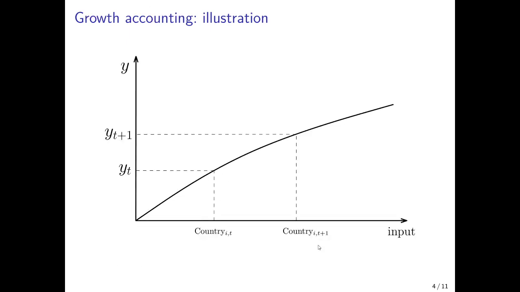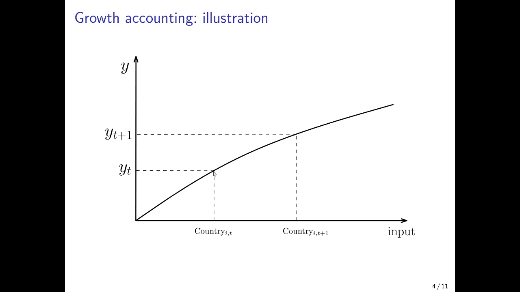Now assume we observe country i at time t, and it has a per capita GDP of y_t. Then we observe the country again at some future date, t plus 1. And what is illustrated in this picture is that in this country, input factors increase. So if this is, say, physical capital, the country then uses more physical capital at time t plus 1 than at time t. The input could also be labor or human capital or one of these accumulable production factors.